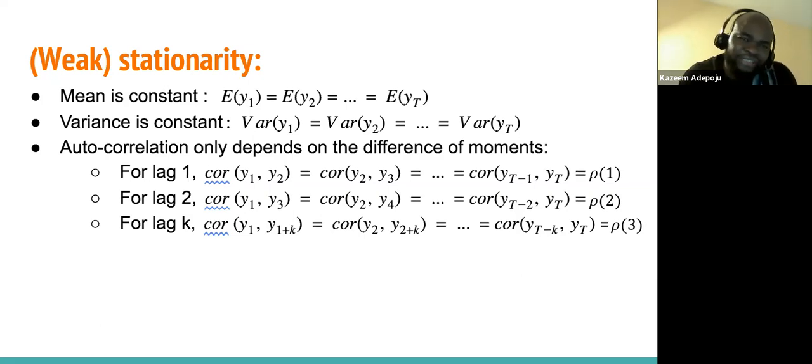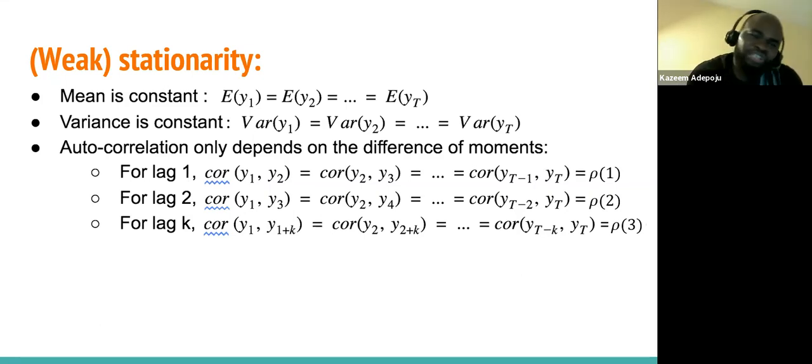Or take the number of patients, now that we're in the middle of a pandemic. When we talk about stationarity, we're trying to say the number of hospitalizations today is the same as the number of hospitalizations tomorrow, and so on like that. That's what we mean by stationarity.